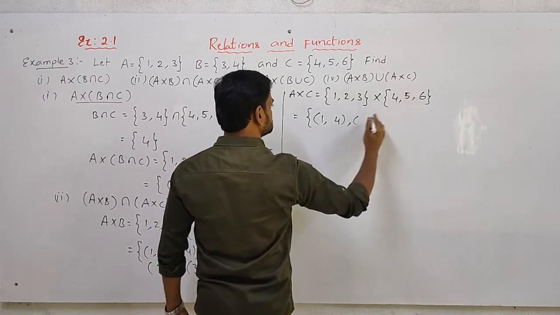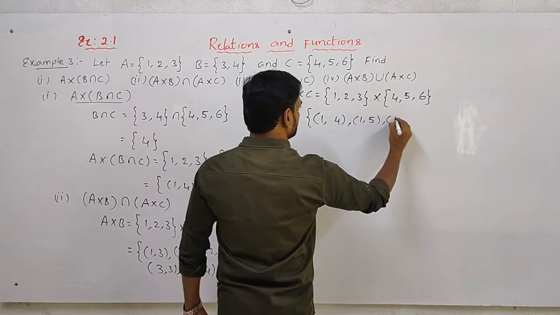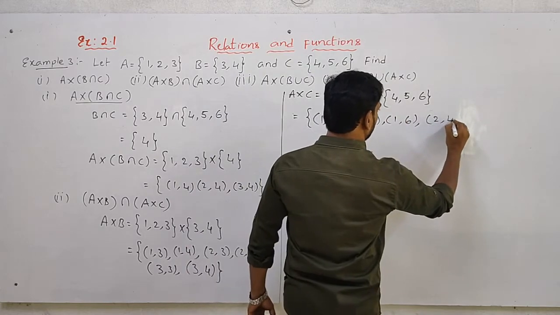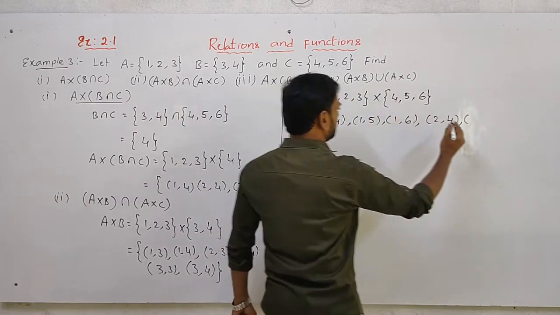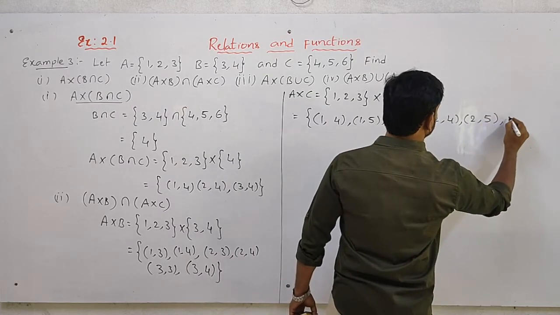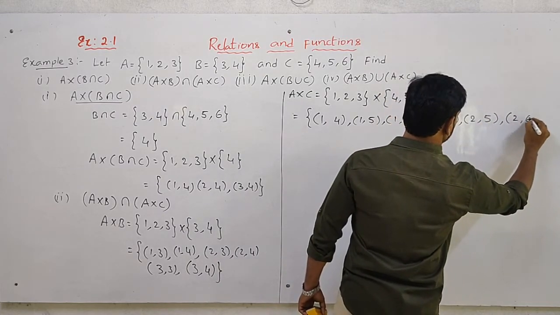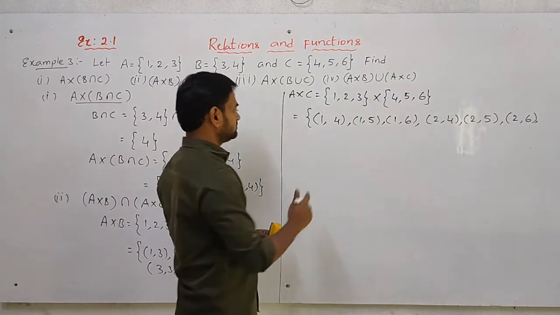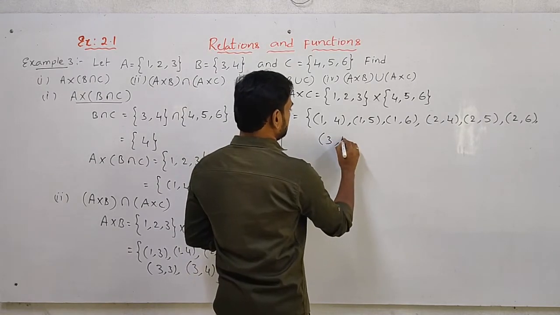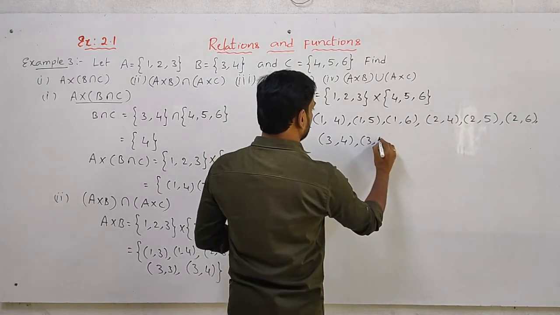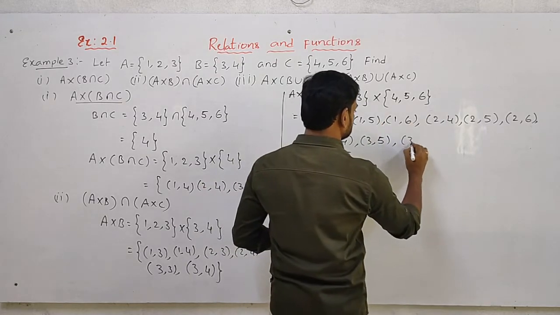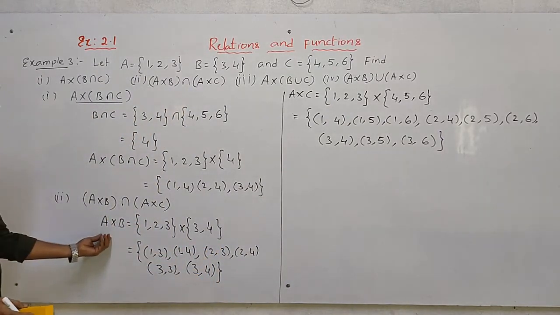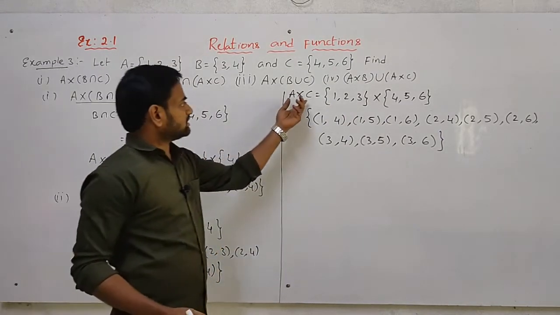With 1, all the elements: (1, 5), (1, 6). Next with 2: (2, 4), (2, 5), (2, 6). With 2 complete. With 3: (3, 4), (3, 5), (3, 6). Now this is A cross B, this is A cross C.